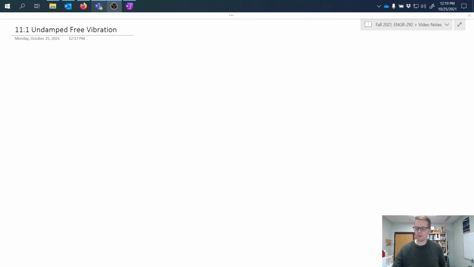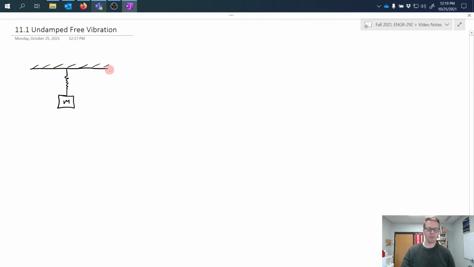So to start with for vibrations, we're going to start with probably the simplest form, which is that we have a spring, and on the other end of that spring is a mass hanging from it. And the type of motion that we would expect to see if we were to disturb that mass is called undamped free vibration.